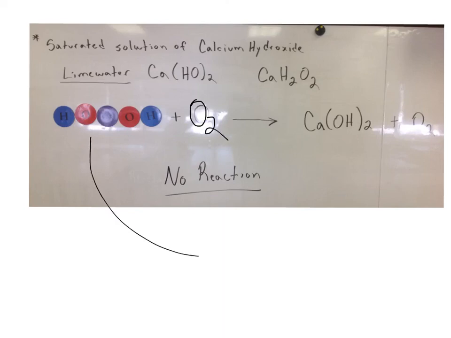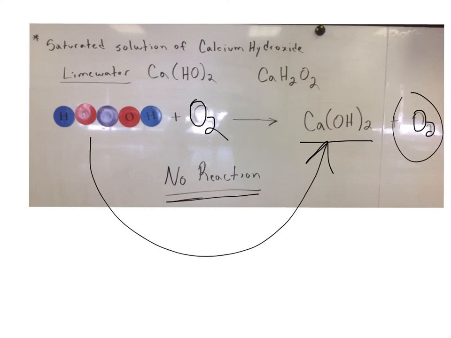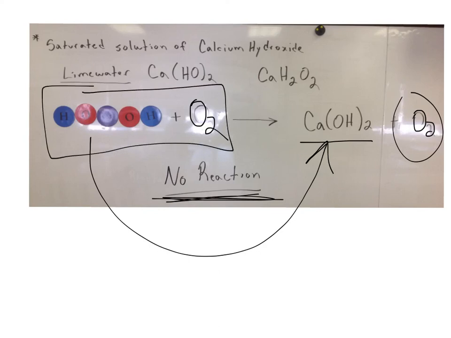And what we get out is exactly the same. This is still calcium hydroxide, and this was still our O2. So there's no reaction. Nothing new was formed. The atoms did not rearrange. They would look exactly the same on both sides. I didn't have enough stickers. That's why I wrote it out by hand.